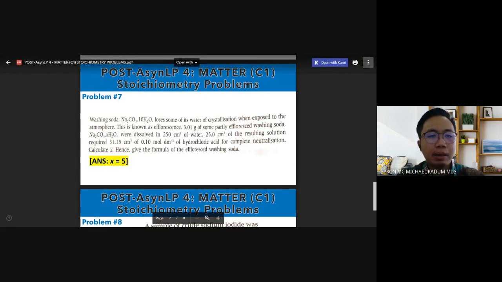Apa maksudnya efflorescence? So all the time, kalau tidak pasti apakah makna ayat tu, cari di dalam Google. Efflorescence.